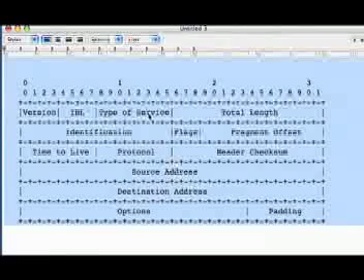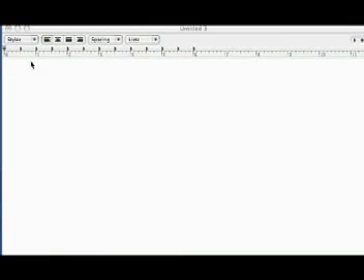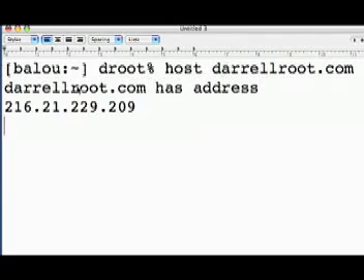So, for example, there's a command in Unix, and Mac OS 10 is Unix, called host. So I type in host darrellroot.com, and it says darrellroot.com has address 216.21.229.209. If you type in darrellroot.com in your browser, it looks like you're going on the internet to darrellroot.com.